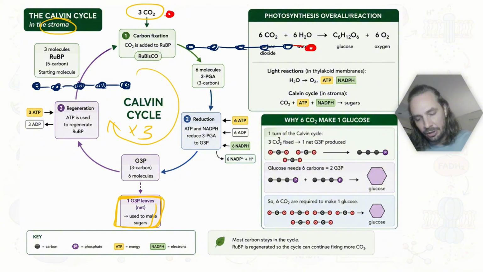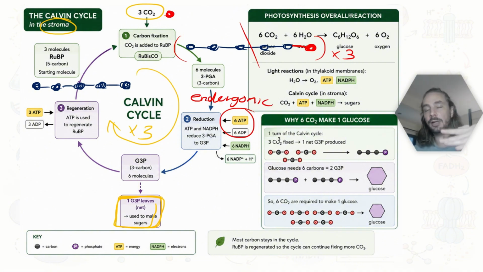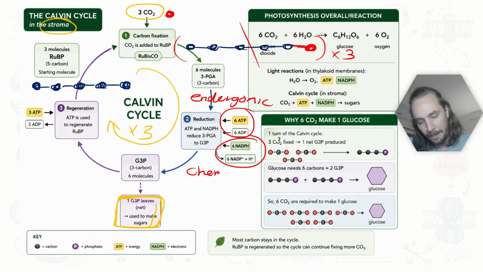But now I have 6 molecules, so it's this times 3. This is all the energy that I need to process this endergonic process because the products constantly have more energy than the reactants. And I also need the reducing power to store the chemical energy in the chemical bonds.